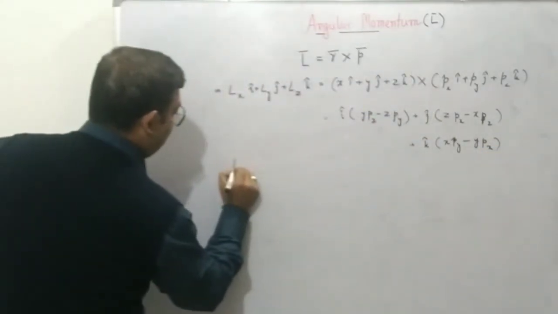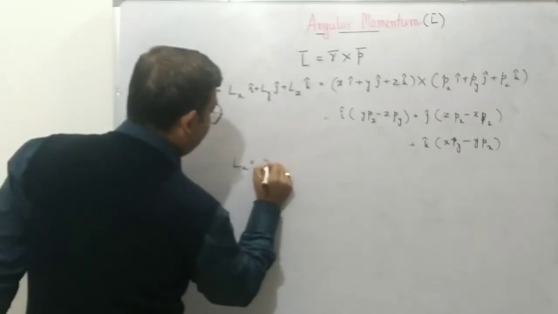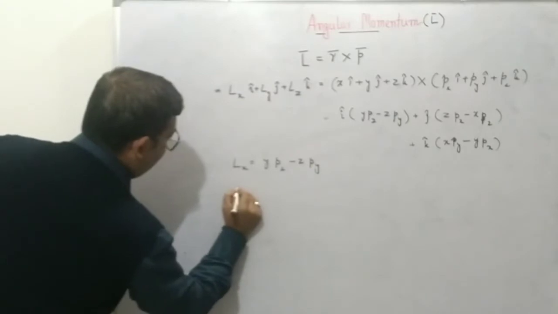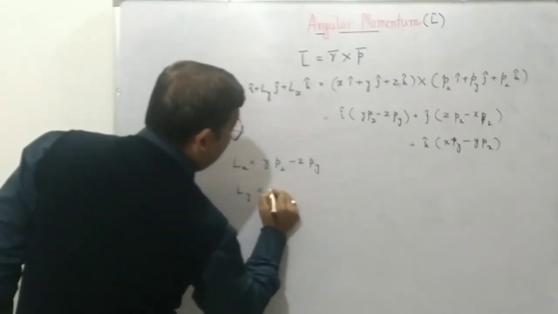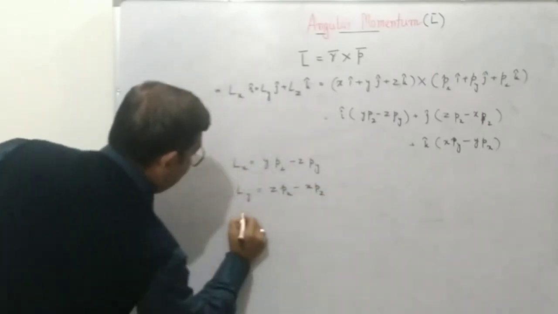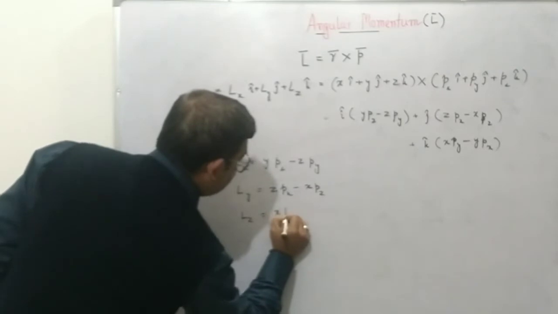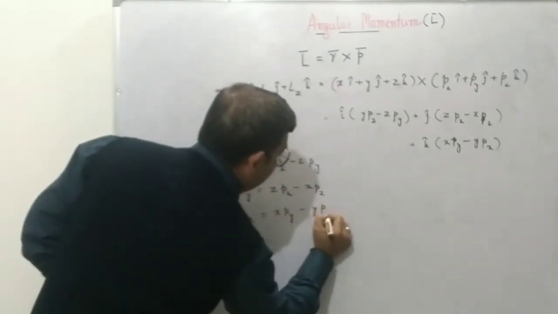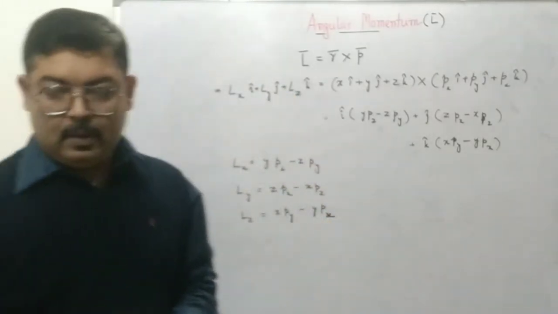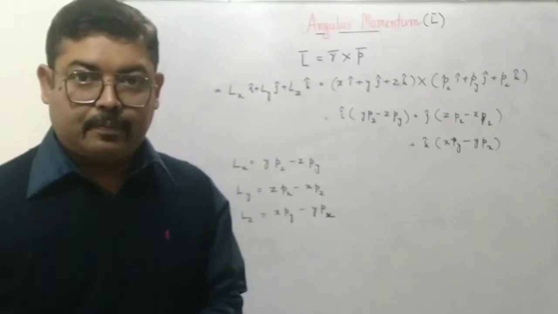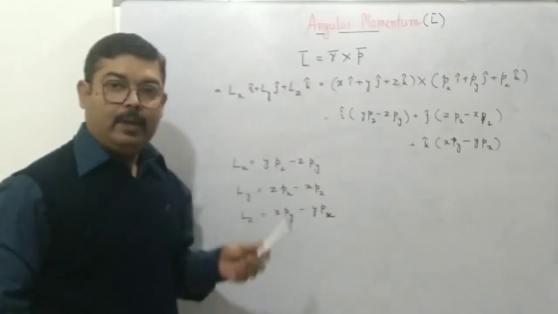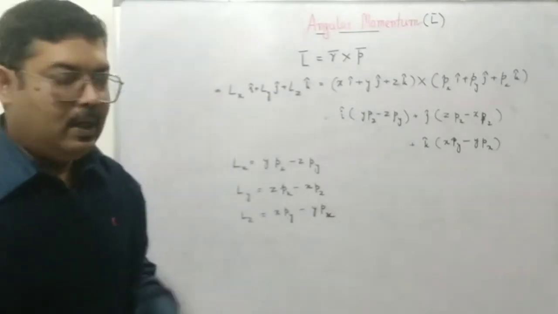Or the x component of angular momentum will be given by y pz minus z py, the y component will be given by z px minus x pz, and the z component will be given by x py minus y px. Okay. Now, once we have found this, it will be used in certain problem solving, which we'll do a little later.